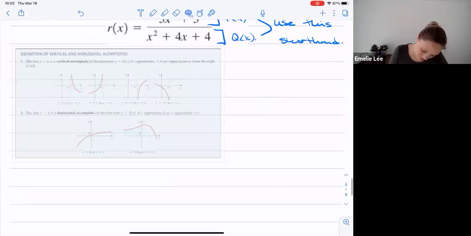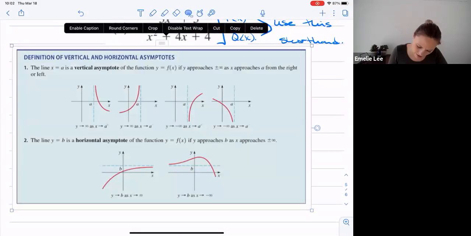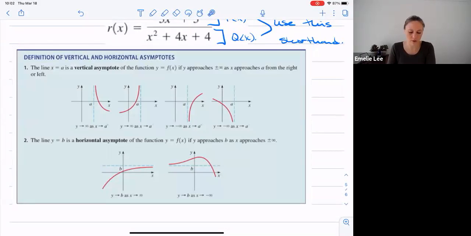So first thing we're going to talk about is asymptotes. So we can have vertical asymptotes and horizontal asymptotes. And I think I've mentioned it before, or at least I definitely mention it in my calculus class where we have to talk about vertical and horizontal all the time. So if you have a hard time remembering which one is which, well, the horizon goes like this, right? So that's horizontal, and then vertical is the other one.